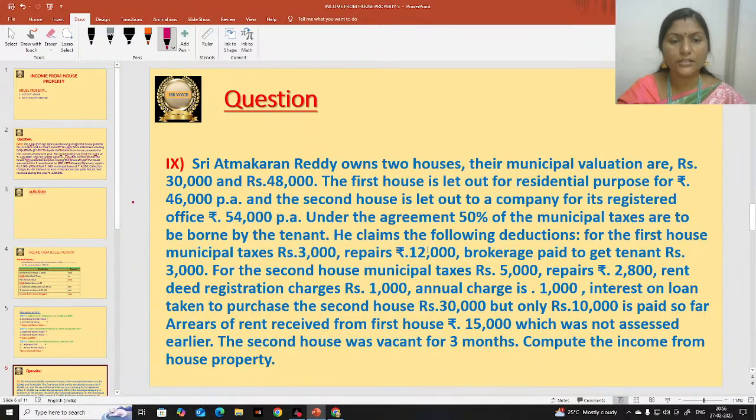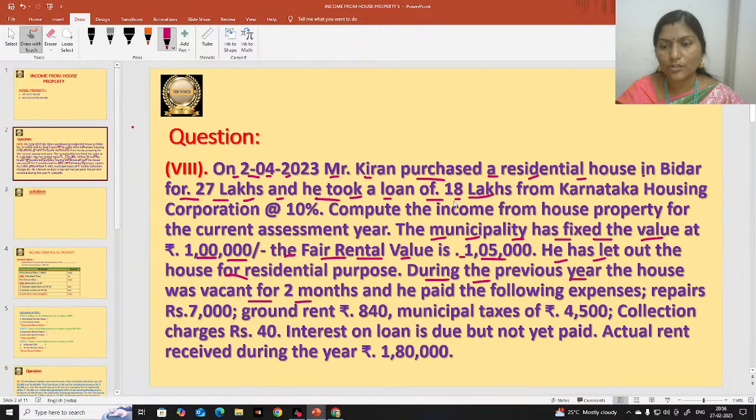So okay students, you see here, this is our question. So we took municipal rental value MRV, and fair rental value is 1,05,000, and the house was let out for residential purpose. Okay, during the previous year the house was vacant for 2 months.